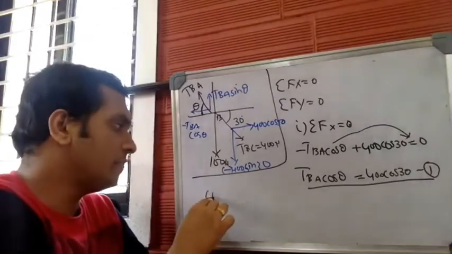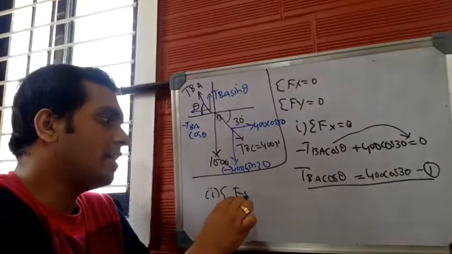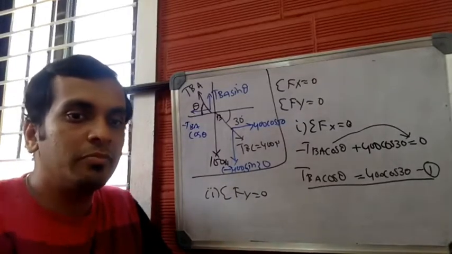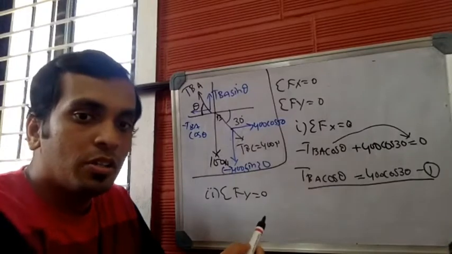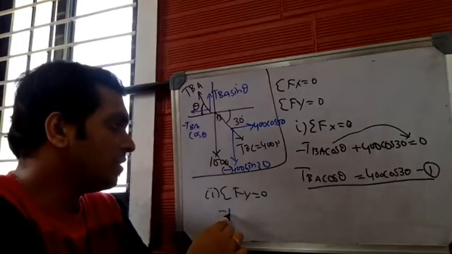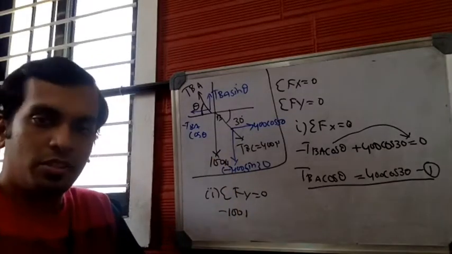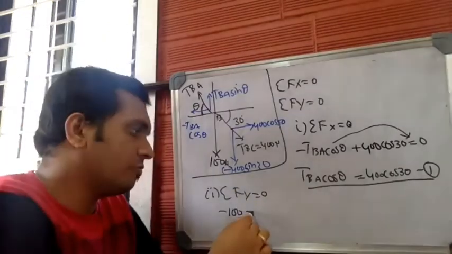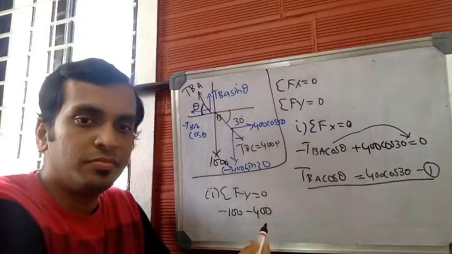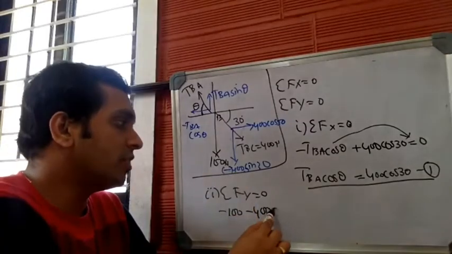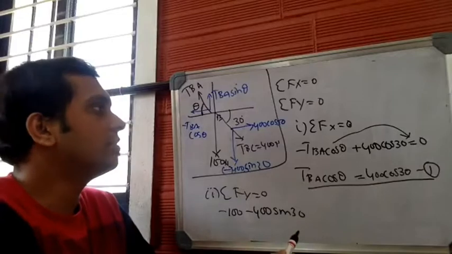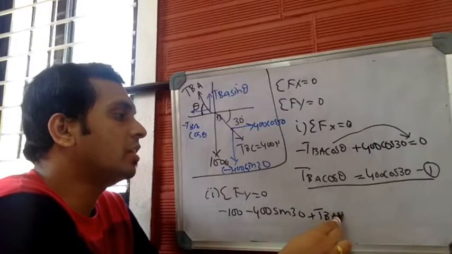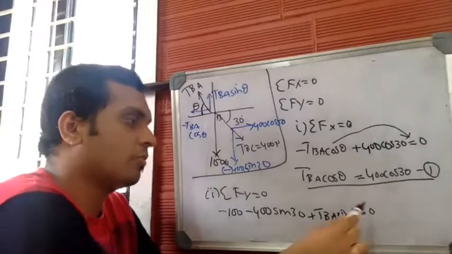Let me apply the second condition of equilibrium, which is summation of Fy equal to 0. So the suspended load is minus 100 newtons, minus 400 sin 30, plus TBA sin theta is equal to 0.